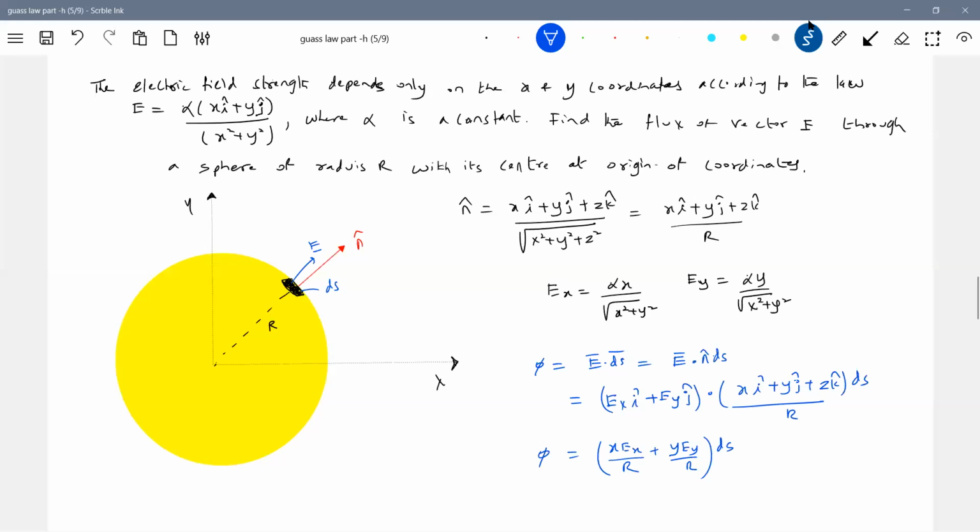Okay, this is d phi. What is the E x value? We already defined it: alpha x.